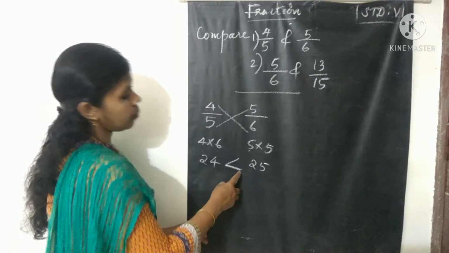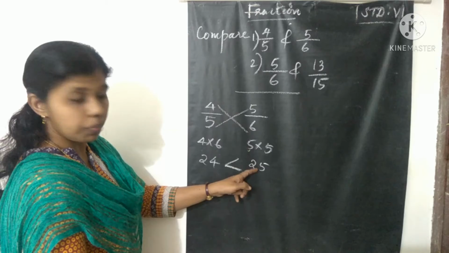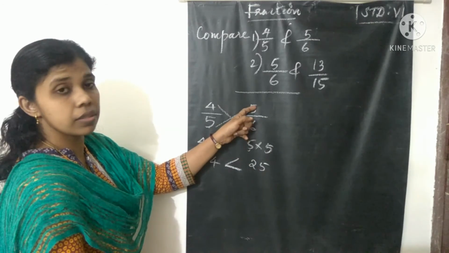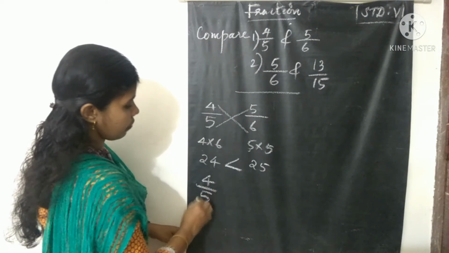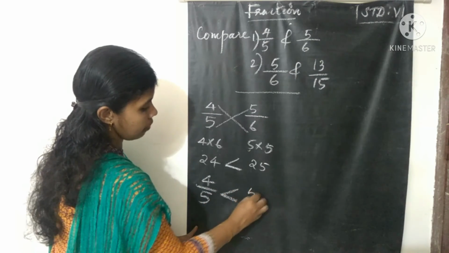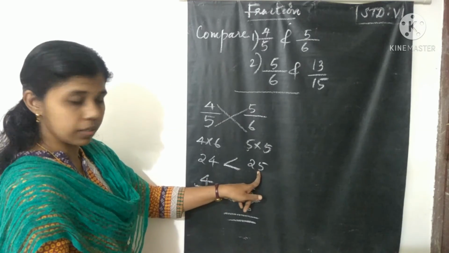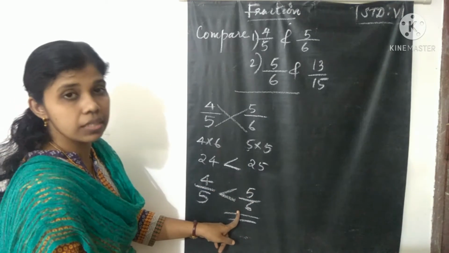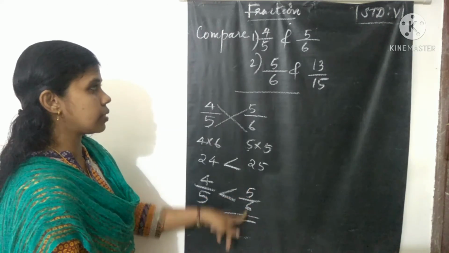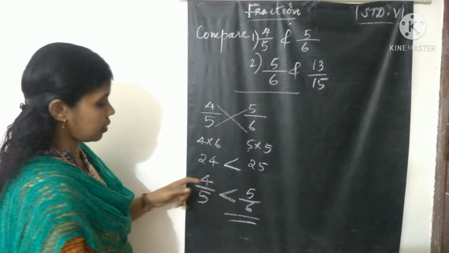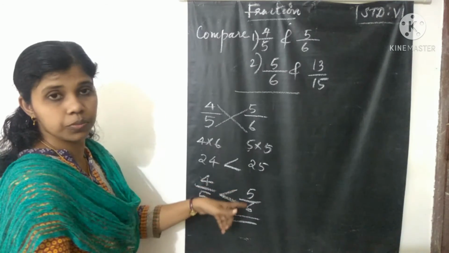So the second product is greater, and the second fraction is the greater fraction. So 4 by 5 is less than 5 by 6, and 5 by 6 is the greater fraction of these two.